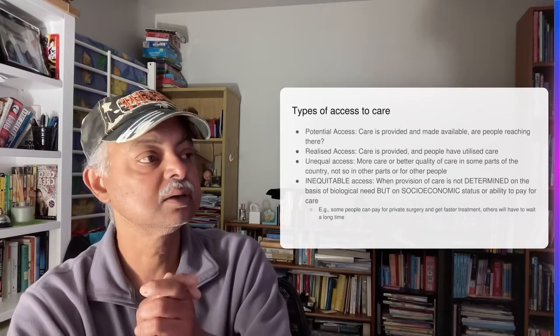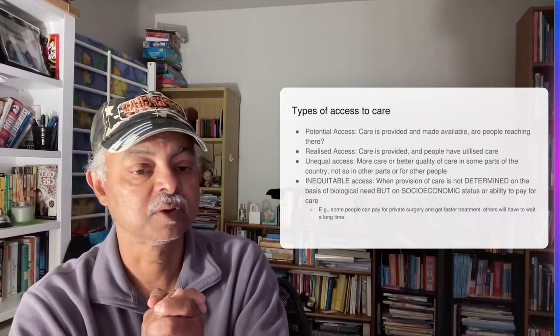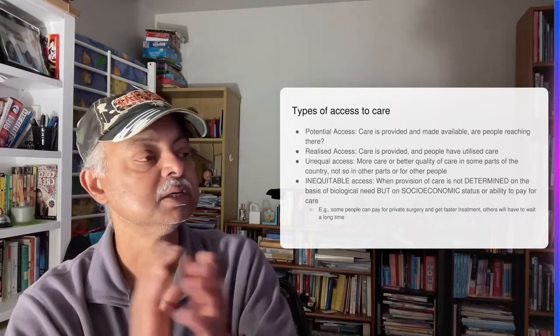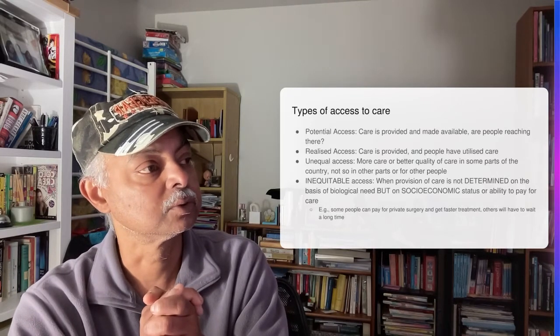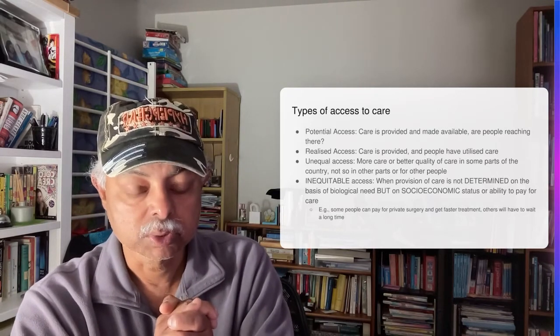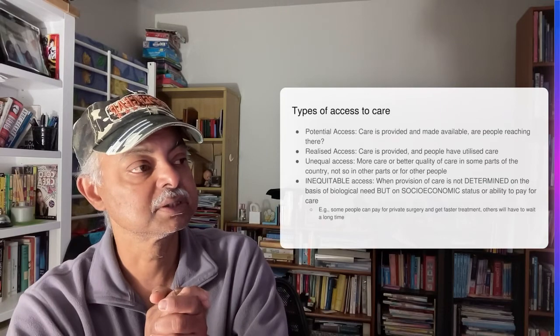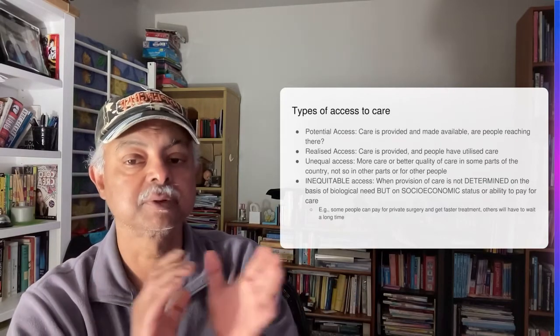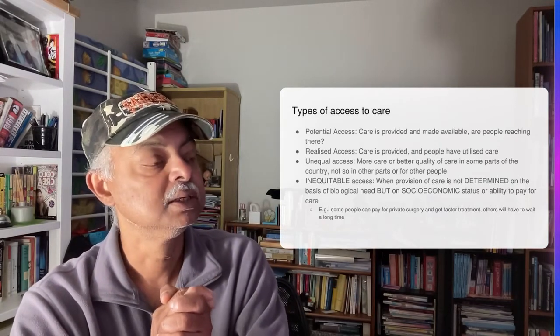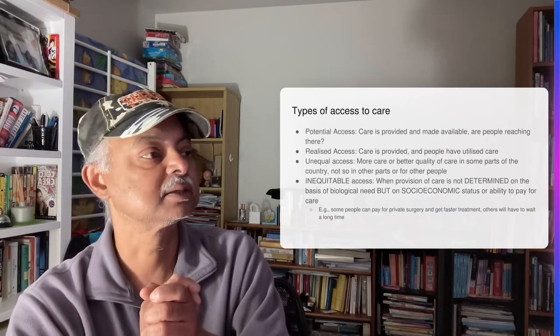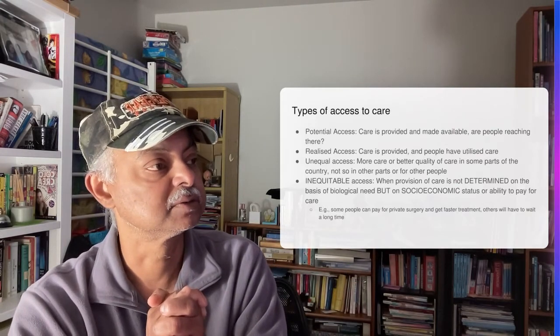For example, think of a situation where heart surgery is being offered at a hospital in your neighborhood. Now, you would normally think that a person who is elderly, frail, and has a biological need will be prioritized to get the surgery.